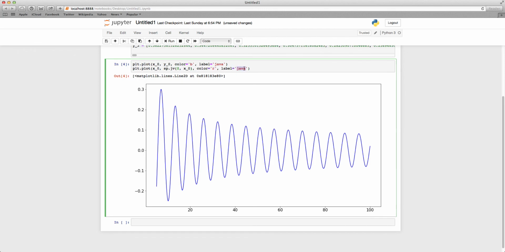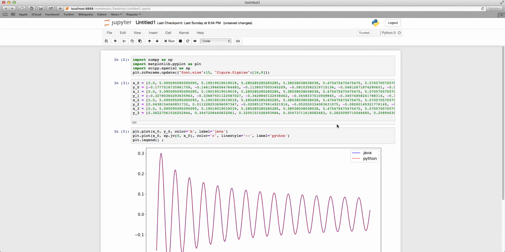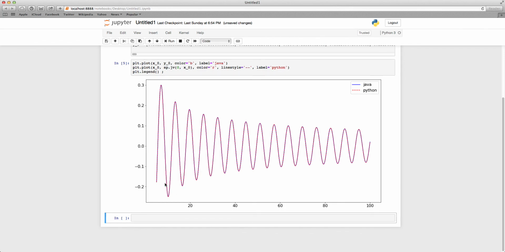We give it the label of Python, and we have the line style of dash, and then we want to turn the legend on, plt legend.